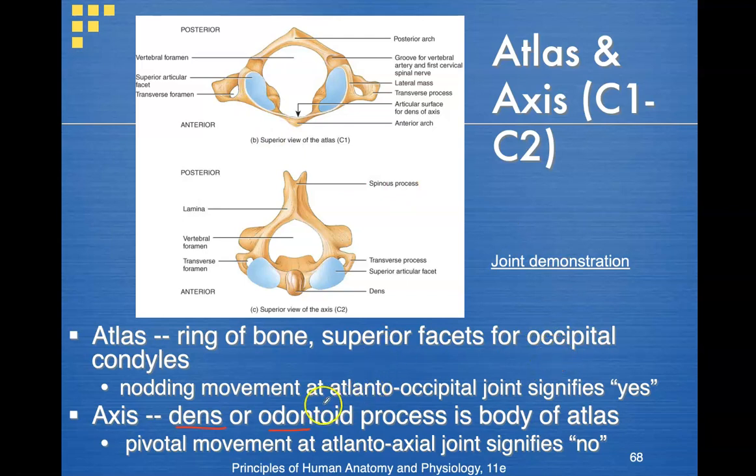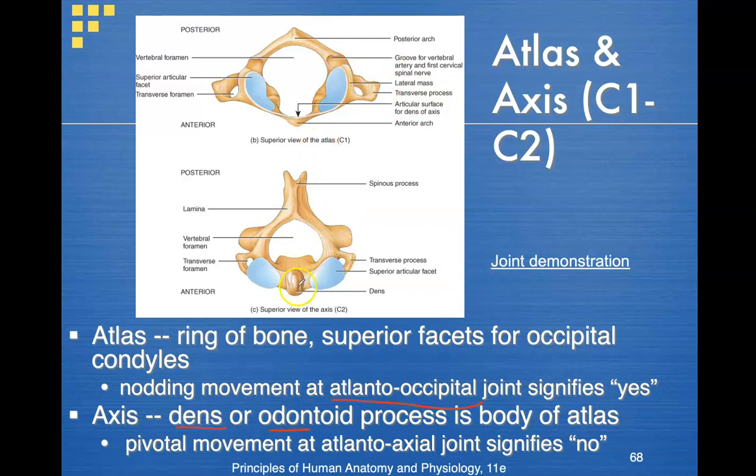This forms what we call the atlanto-occipital joint, because it's a joint between the atlas and the occipital condyles of the skull. This allows you to do the yes movement that you're going to see in the demonstration in just a minute.